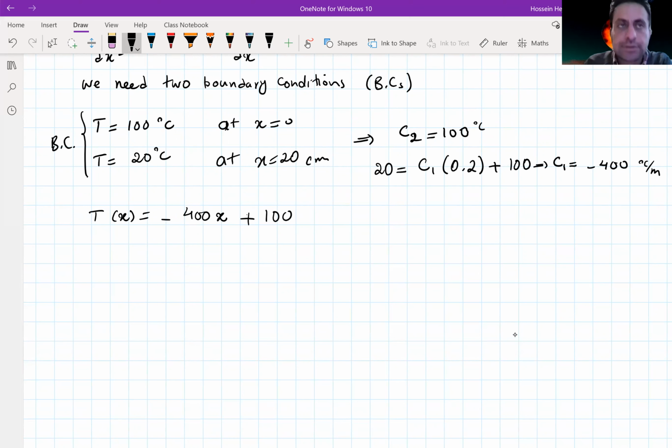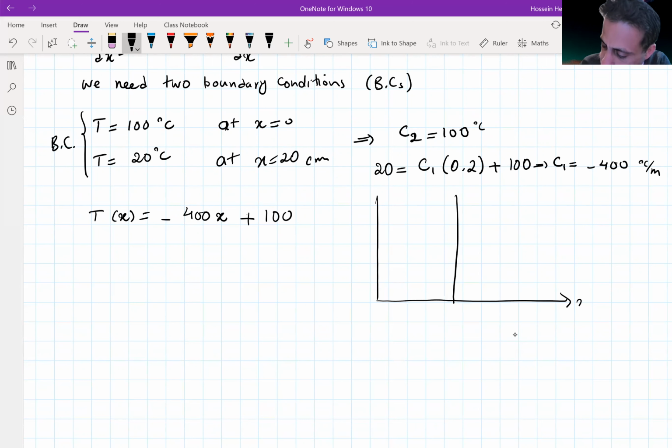If I plot, so let's say this is the wall that we were looking at, and generally I use that as a plotting. This is x, this is 0, this is 20 centimeter.